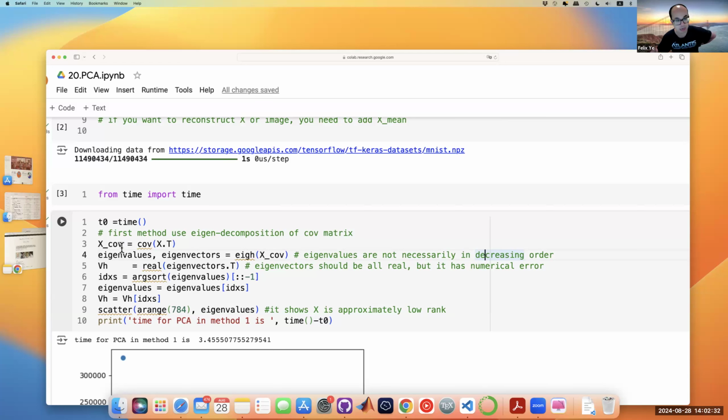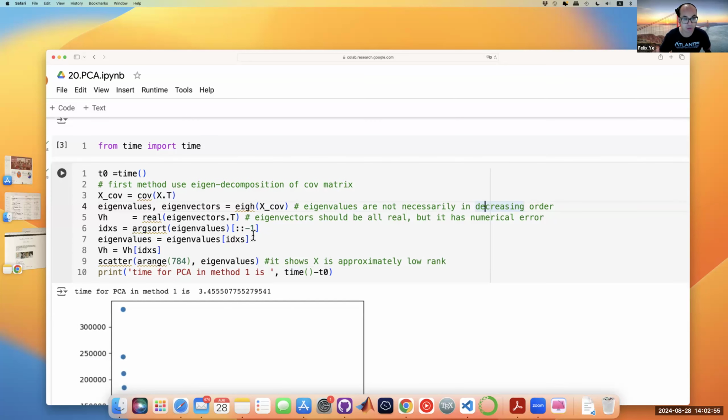So we get all these eigenvalues and eigenvectors. We want to make sure all these eigenvectors are real, because sometimes it gives you some complex numbers, but we know it has to be real. So we get rid of all the complex components. So this will be your V transpose here.